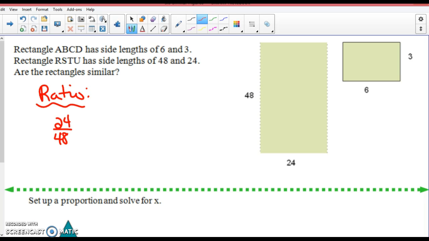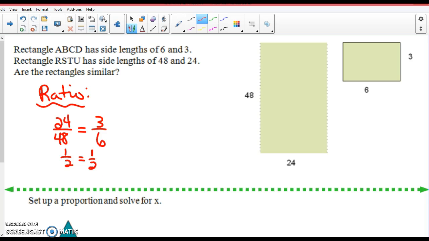What will the width over length be for my second rectangle? Does 24 over 48 equal 3 over 6? Yes, they both reduce to 1/2.